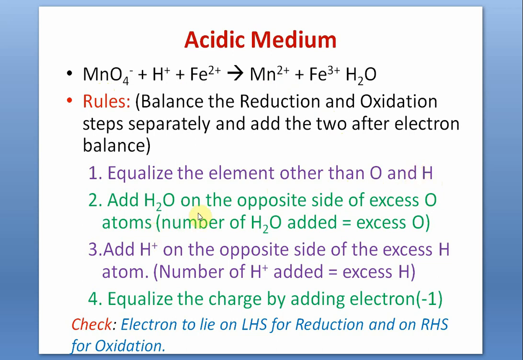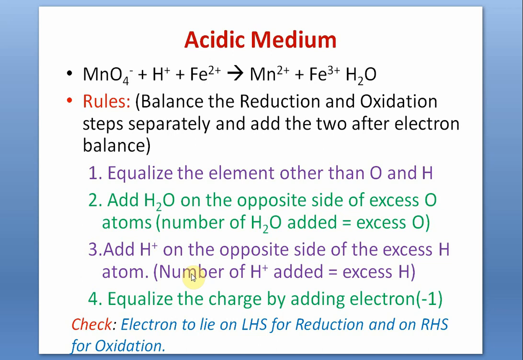Add water molecules on the opposite side of excess oxygen atoms. You count how many oxygen atoms are in excess on which side, then you add the same number of water molecules on the opposite side. The number of water molecules added on the opposite side is equal to the number of excess oxygen atoms. Then the third step is to add hydrogen ions, because it is carried out in acidic medium.